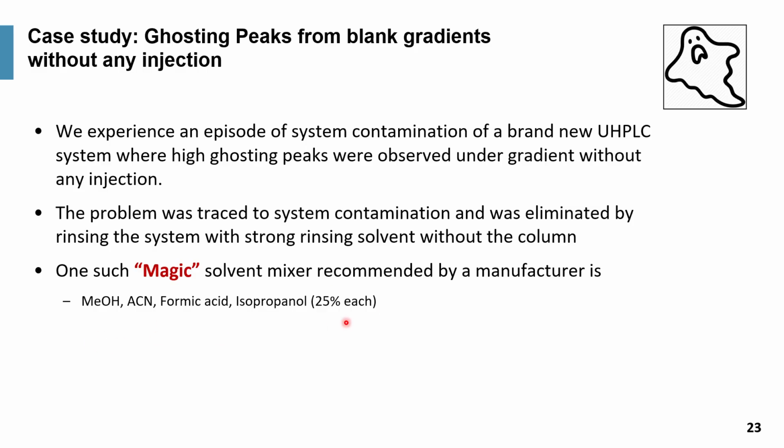Just mix them neat, and definitely the column must be disconnected offline, and just wash out the brand new UHPLC, and after that, the blank gradient ghost peak is gone.